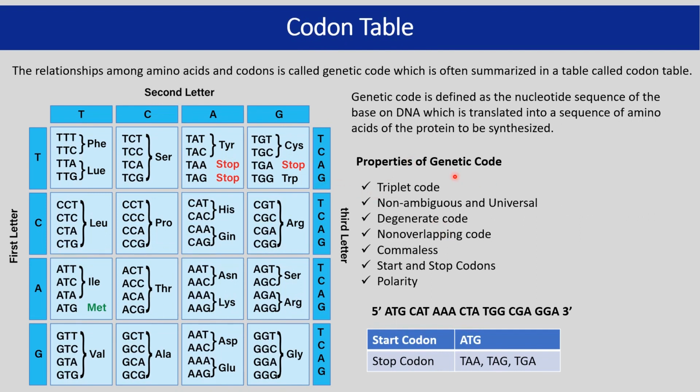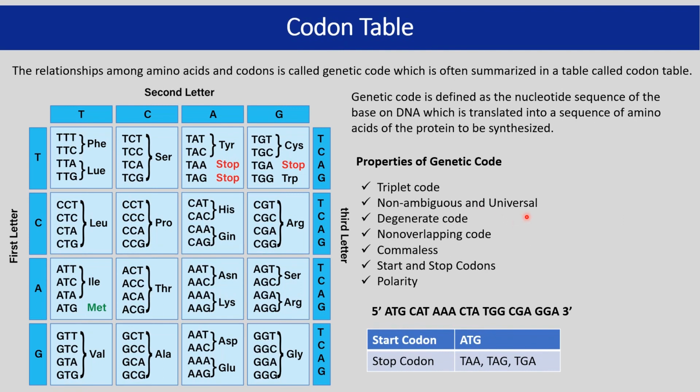So what are the properties of the genetic code? First is the triplet code. A sequence of three nucleotides codes for one amino acid in a protein, and this is called the triplet code. Second, the genetic code is non-ambiguous, which means a specific codon will only code for a particular amino acid.